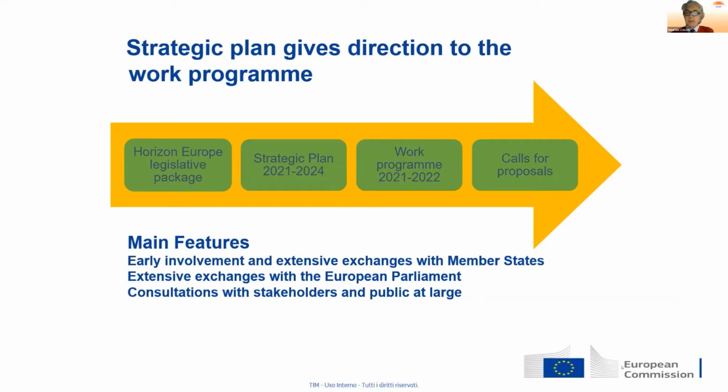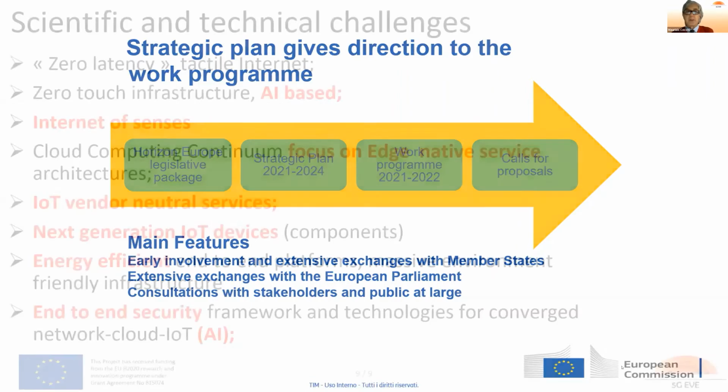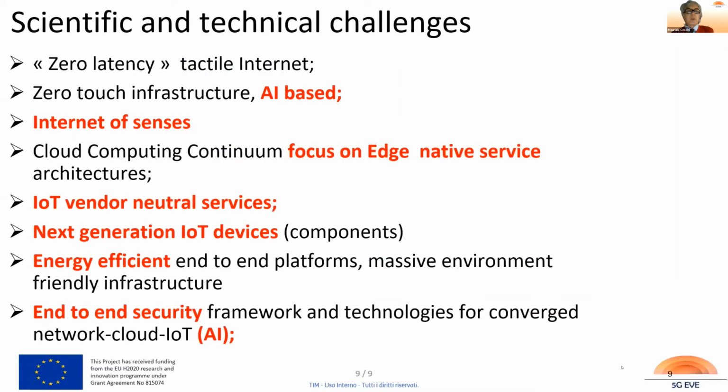Everything is very simple, done in a telematic way, but of course, it's competitive. So your idea must be really innovative and must really convince the evaluators. The preparation part is concluded. So we are really in this frame, in the last part on the right, on the preparation of the call for proposals that will be published shortly. Just to give an idea of the topics that will be funded, of course, are all the new technologies.